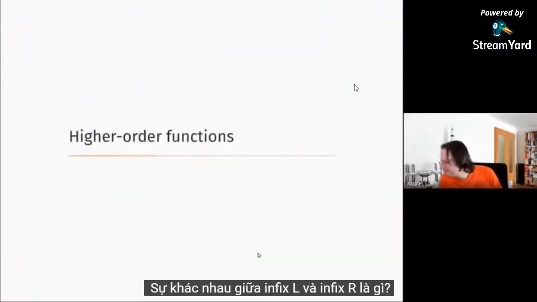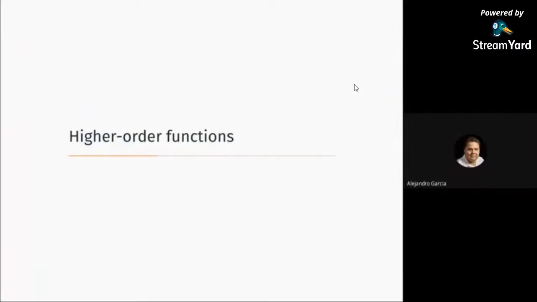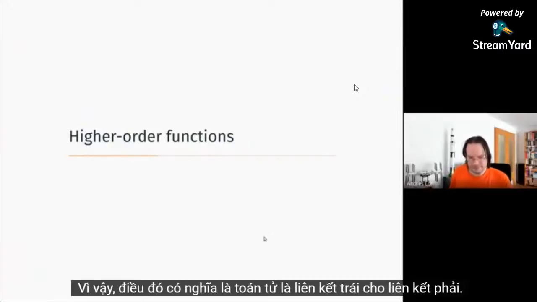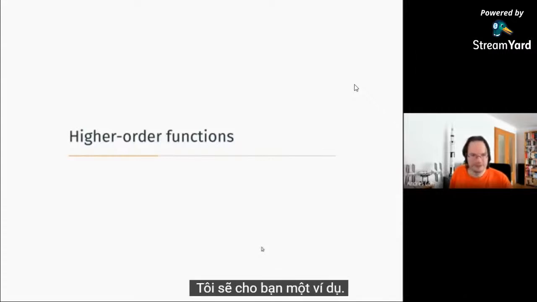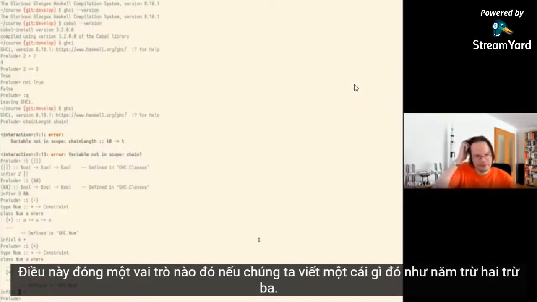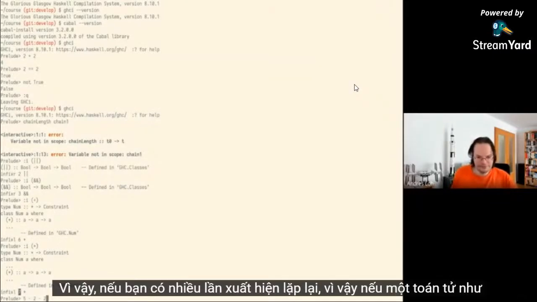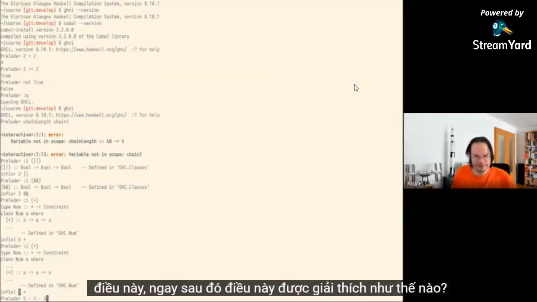What's the difference between infix L and infix R? So that means that the operator is left associative or right associative. So this plays a role. Let me give you an example. This plays a role if we write something like 5 minus 2 minus 3. So if you have multiple repeated occurrences of an operator like this, right, then how is this interpreted?